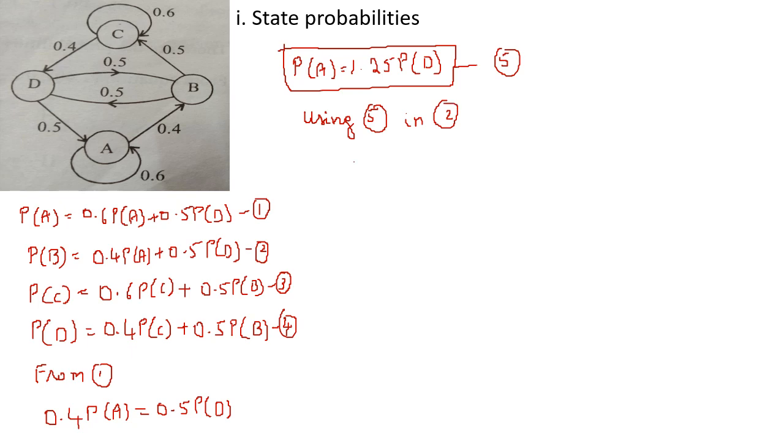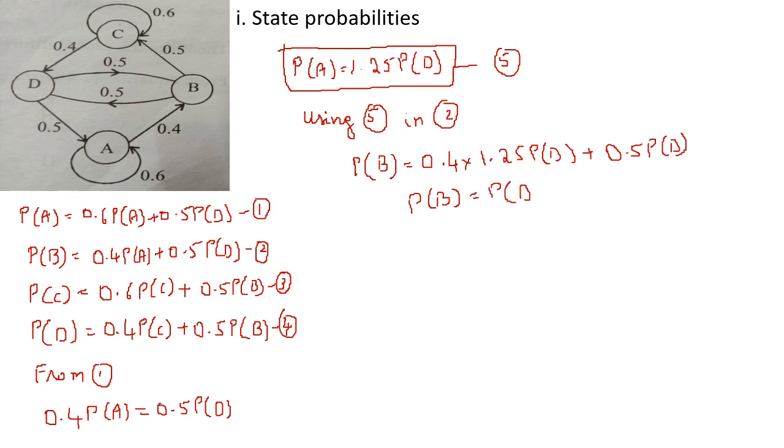What we can get is P of B will be equal to 0.4 into P of A, which is 1.25 times P of D, plus 0.5 times P of D. So if you try to simplify this, what we'll get is P of B will be equal to P of D. Okay. So we got one more relation of P of B with P of D. Let this be equation number 6.